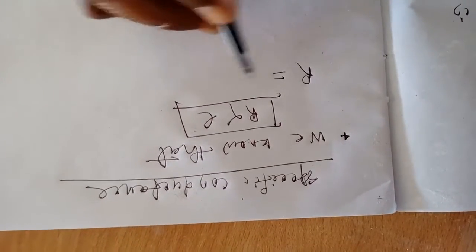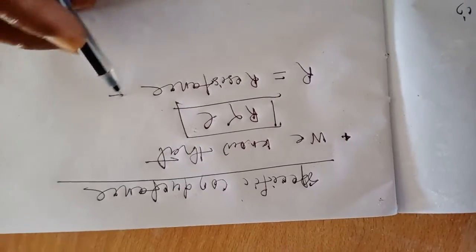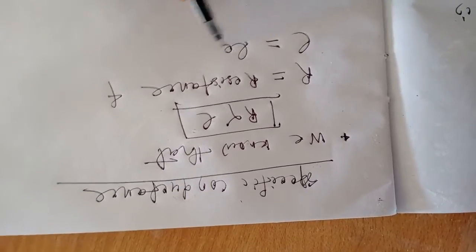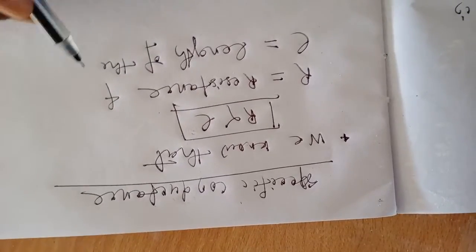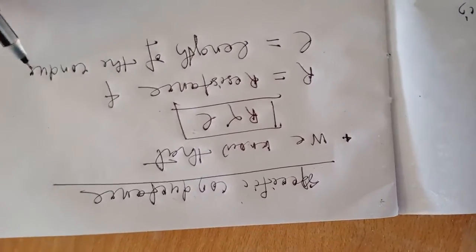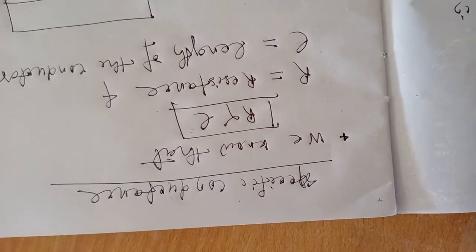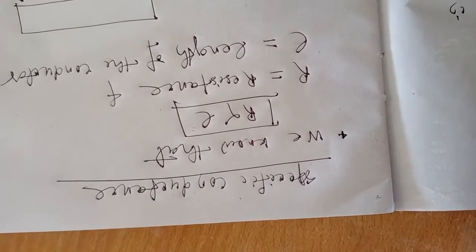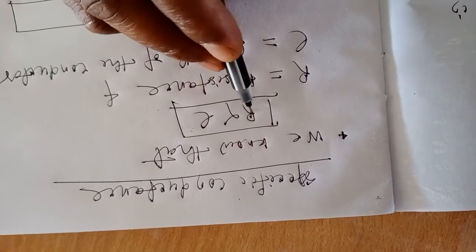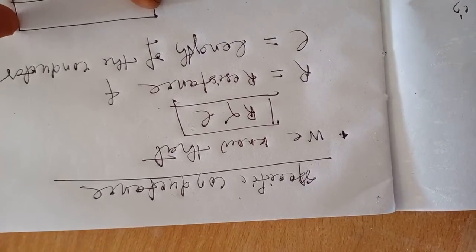Here R equals resistance and L equals length of the conductor. Suppose this is a conductor and this is its length. The resistance of the conductor is directly proportional to L, the length of the conductor.